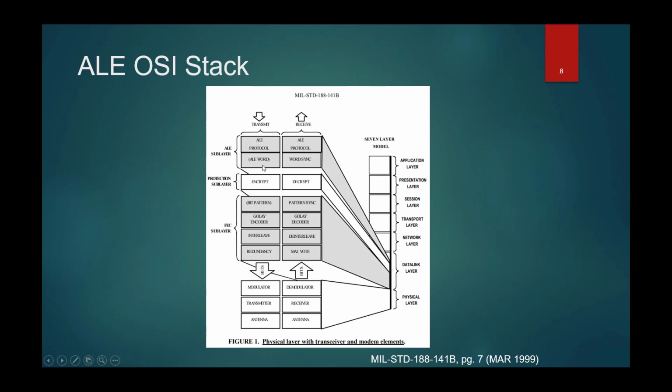This is then where this information gets encrypted, then goes through the forward error correction sublayer. For the purposes of MIL-STD-188-141B, we are using Golay codes. It's usually a 24/12 Golay code, and then it gets interleaved, add redundancy, and then those bits then go through the radio.